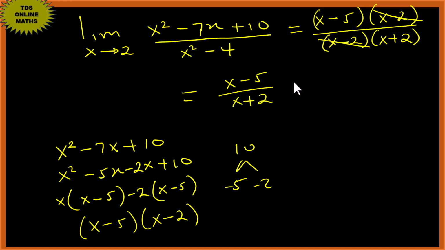With this, I can plug in the limiting value. So I'll put 2 here, 2 minus 5 on 2 plus 2. So we have minus 3 on 4 as the answer. All right.